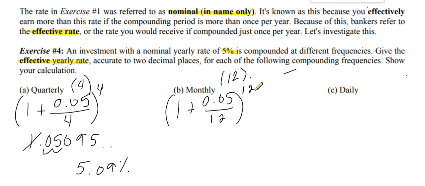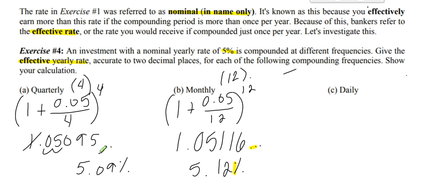When I put that into the calculator, I get approximately 1.05116. Making it into a percent, it's 5.12%. So it's really not that big of a difference from 5.09% to 5.12%.